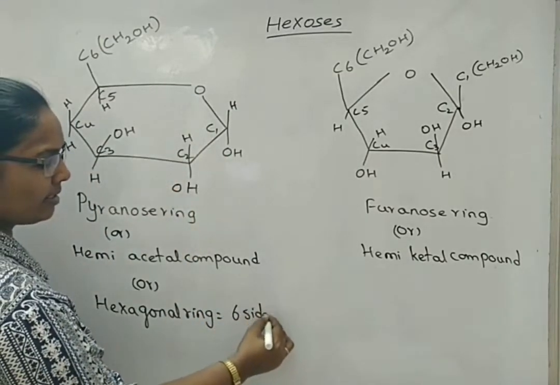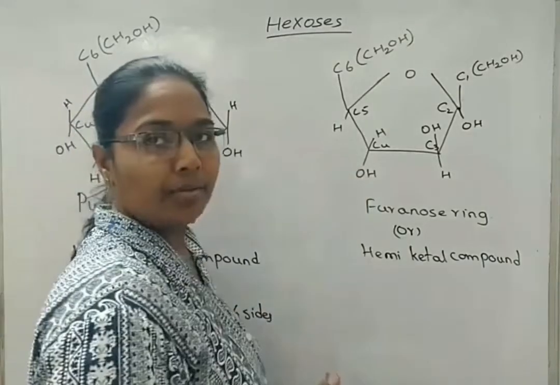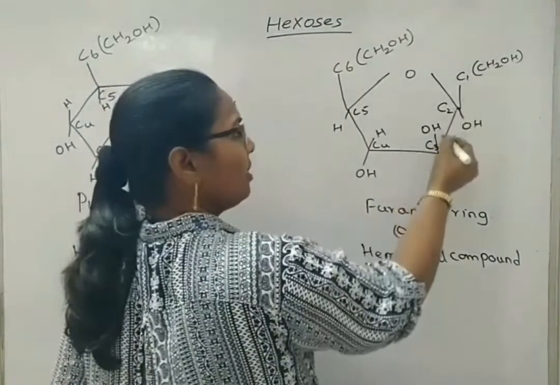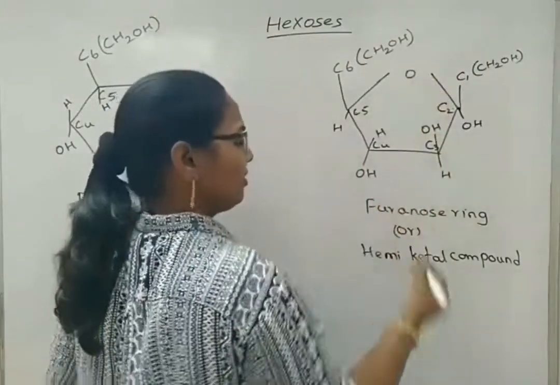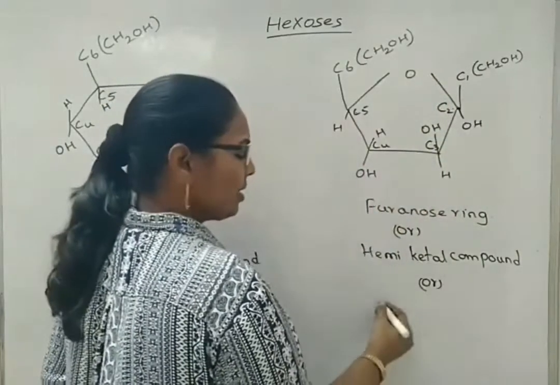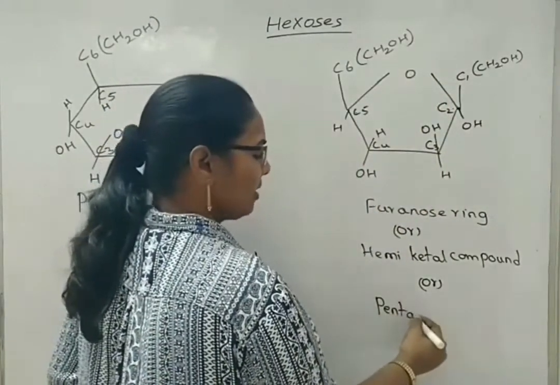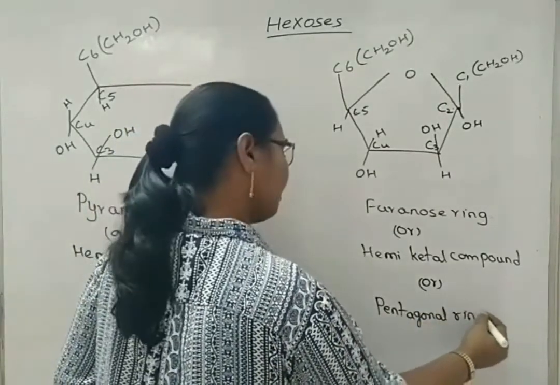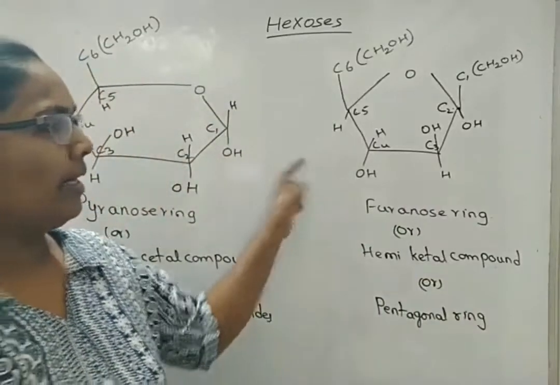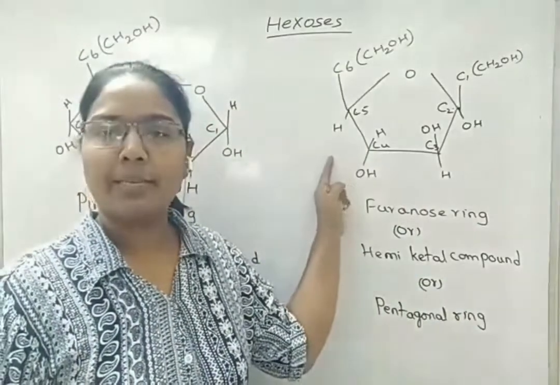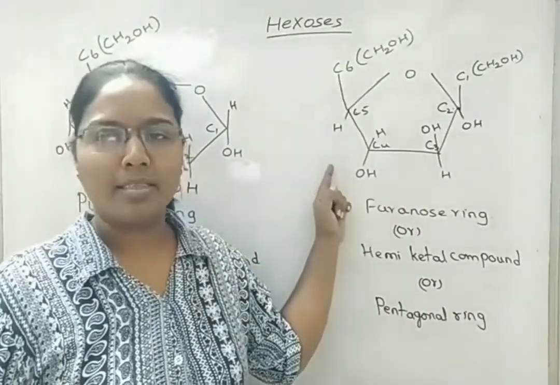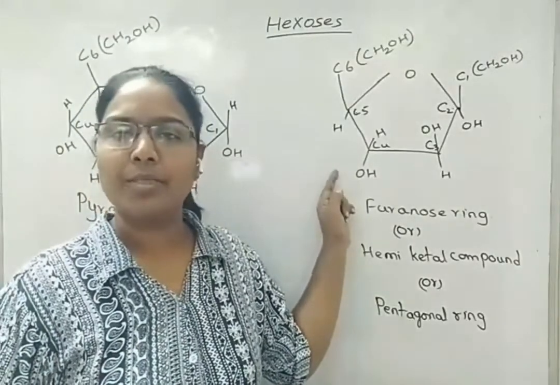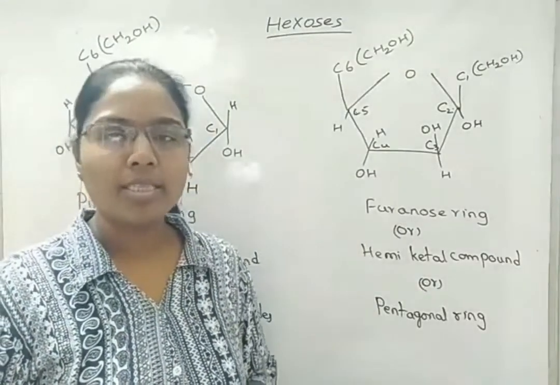In case of the furanose ring, how many sides are there? 1, 2, 3, 4, 5. So it is also termed a pentagonal ring. And in some ways this pentagonal ring resembles the pentose sugar ring forms like ribose and deoxyribose.